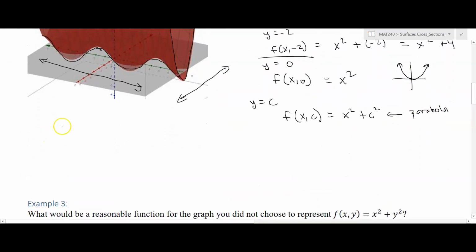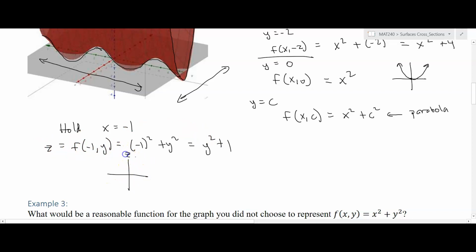If x is equal to some fixed value, x equals -1, then f of x comma y will give me the graph of -1 squared plus y squared, which is equal to y squared plus 1. Now we have to remember that this is z, that f of x y is just another name for z. So when I go to graph this function, my output variable is called z, my input variable is called y, and this is going to be shifted up 1 unit in a parabola that looks like this.